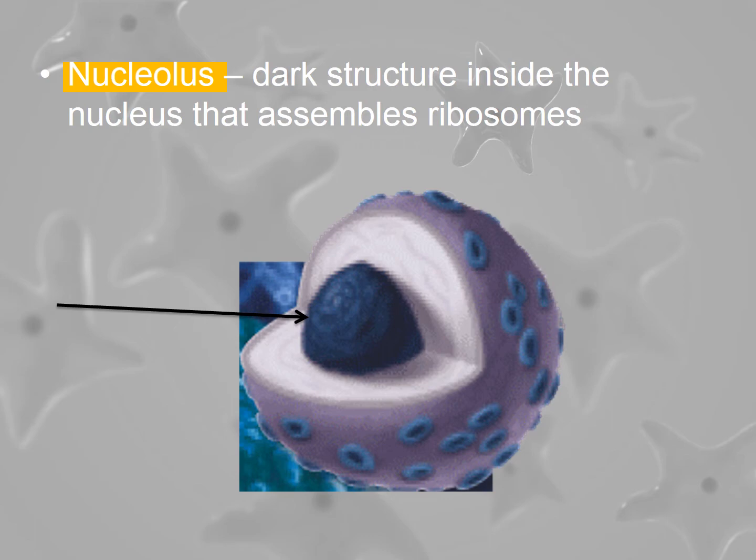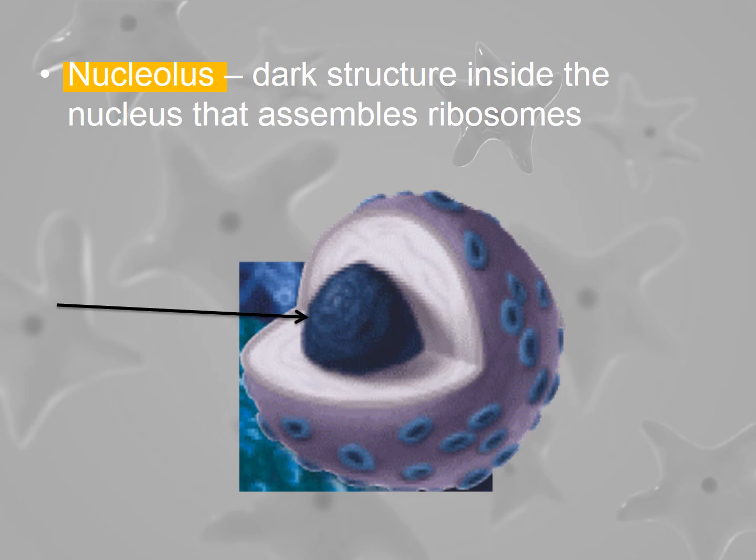On our last slide, the nucleus has the instructions for making proteins. So the nucleus is one of the organelles that's involved in making proteins. The nucleolus has a sort of indirect relationship to making proteins because it's going to make ribosomes, and the ribosomes are actually the organelle that put together amino acids to make proteins.